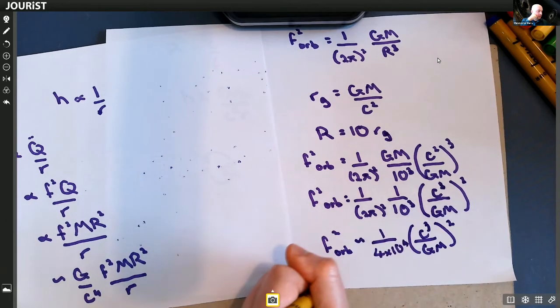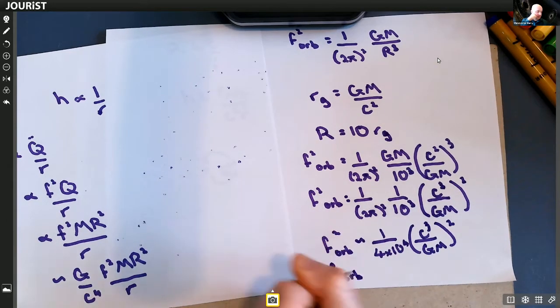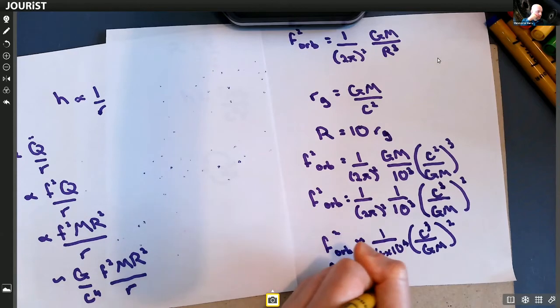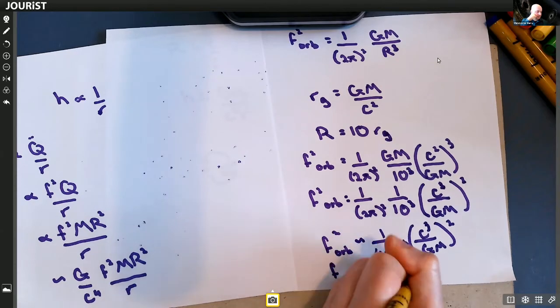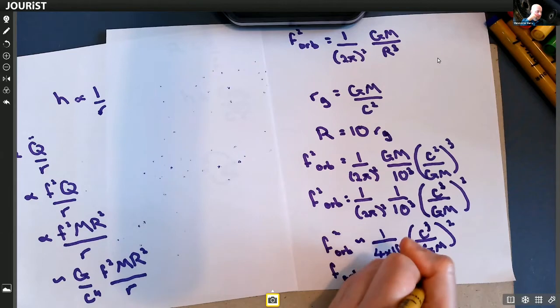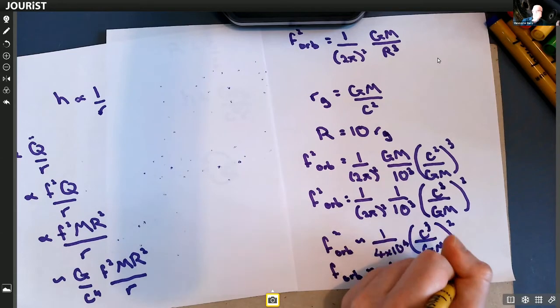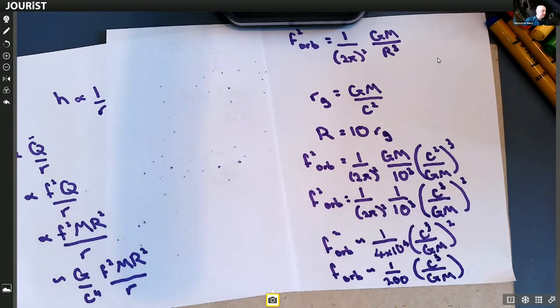So our orbital frequency is going to be something like 1 over 200, times c cubed over GM. Just very roughly what we've got going on.